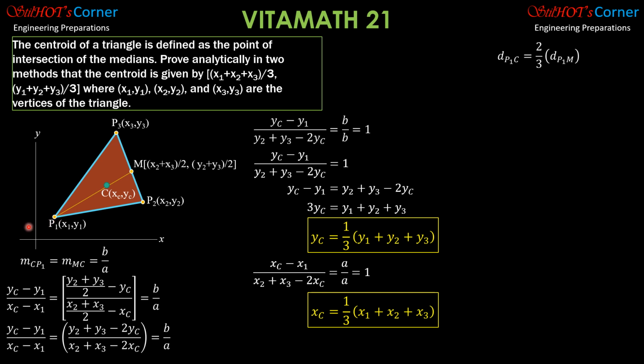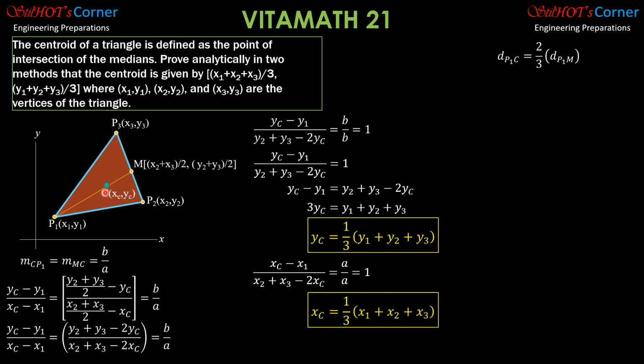And since the median is a straight line, that ratio or proportion, that the length of P1C is 2/3 of the length of the median, is also true for the corresponding horizontal and vertical components of P1C and P1M.